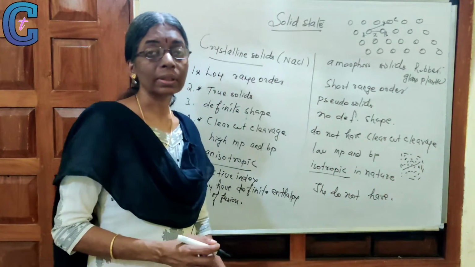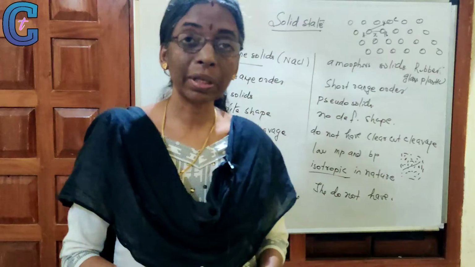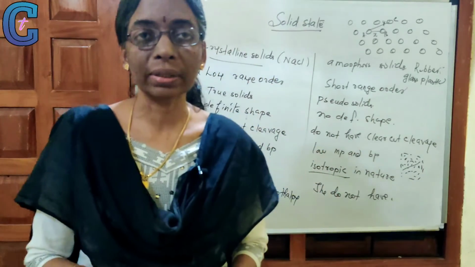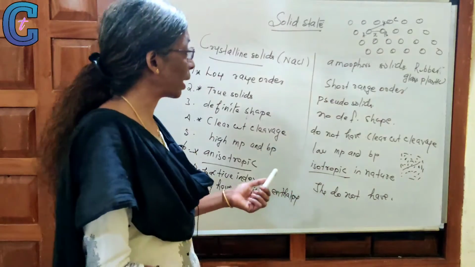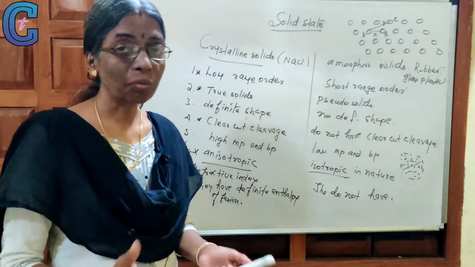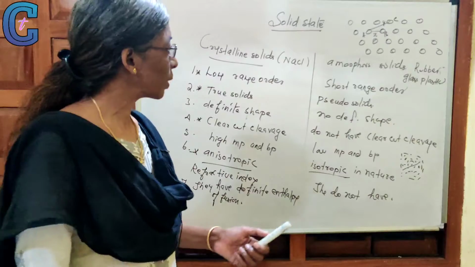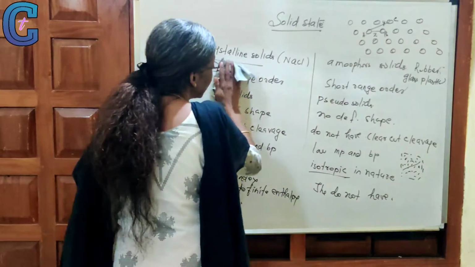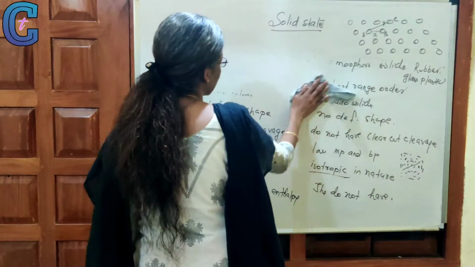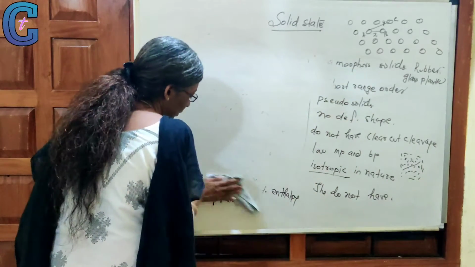So this classification, amorphous and crystalline, is based upon the arrangement of particles in the solids. Amorphous means no form. Next we go to another classification, based upon the intermolecular forces acting in the solids.